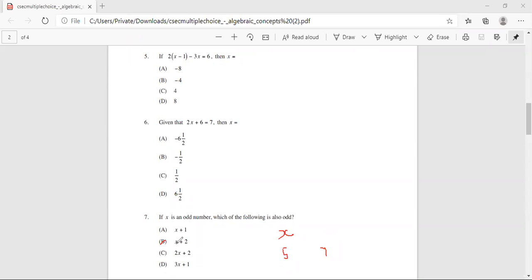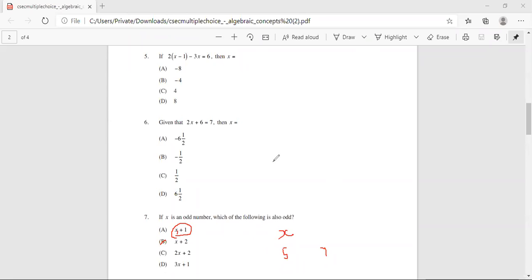Think about it. Reasoning, right? It can't be A, because if we add 1 to this odd number that they call X, we get an even number. Agree?